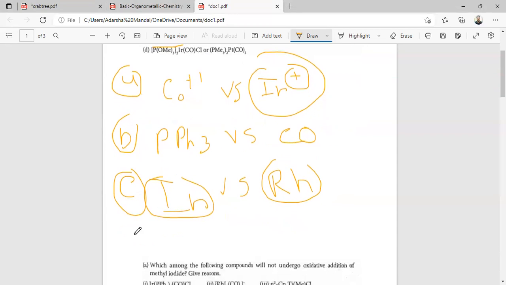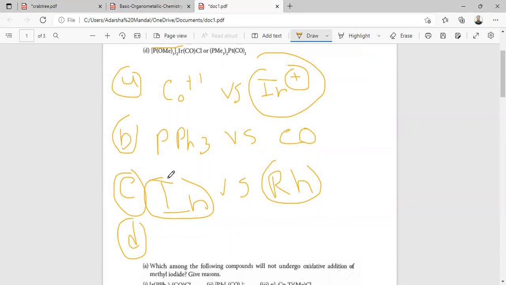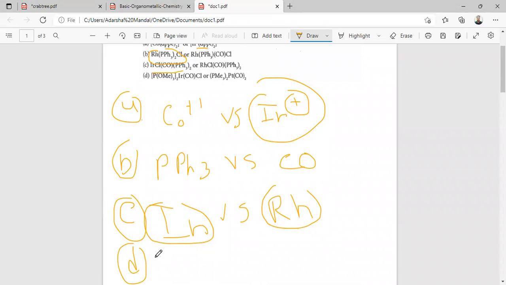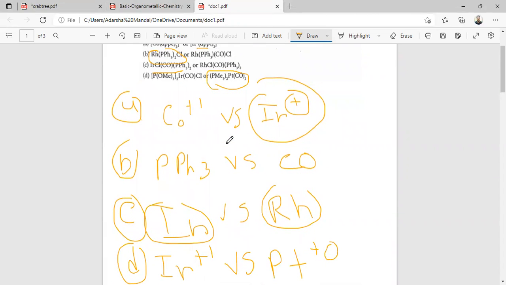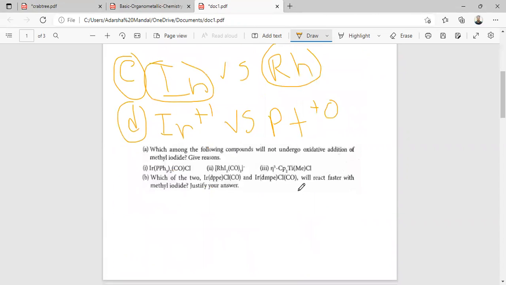So next for D, we have to consider iridium 1 versus platinum 0. So in this case, platinum is in the zero oxidation state, so there is more electron density on the metal center than on iridium. So for the platinum case, the reaction will be more favored.